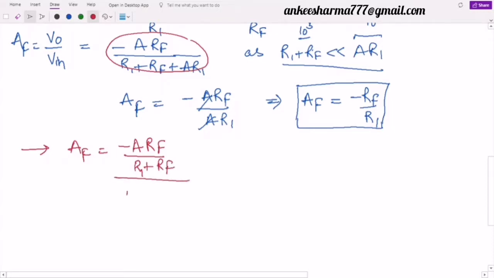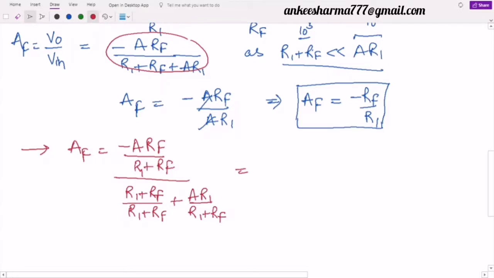Now look here, in the denominator we have R1 plus RF plus A times of R1. So this is divided with R1 plus RF, and similarly A R1 is also divided with the value of R1 plus RF. We have just rearranged a few terms to get some more conclusions.